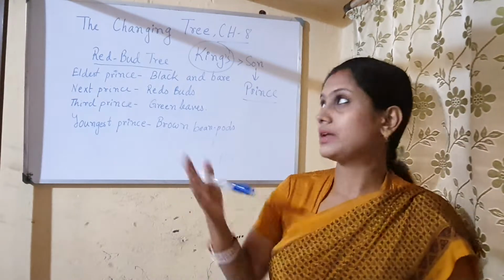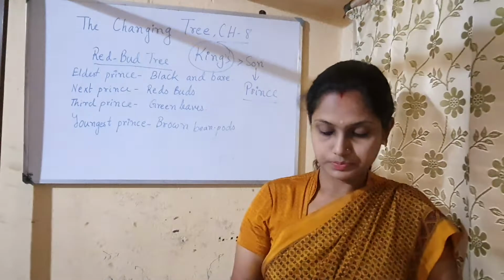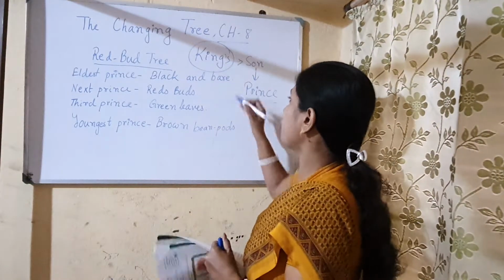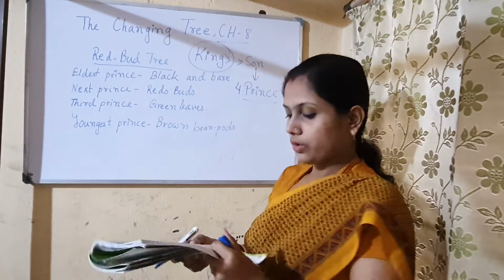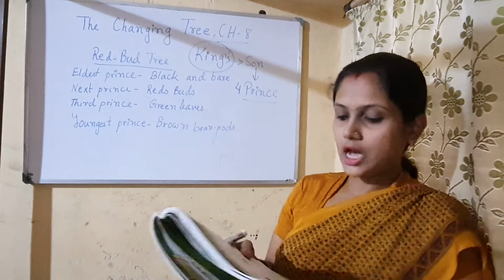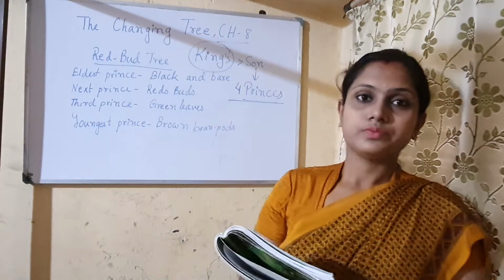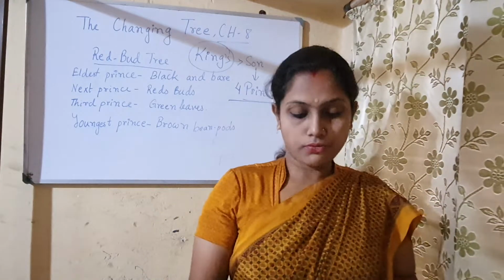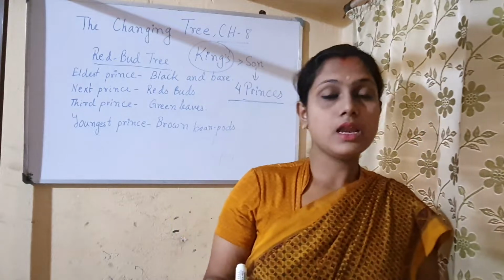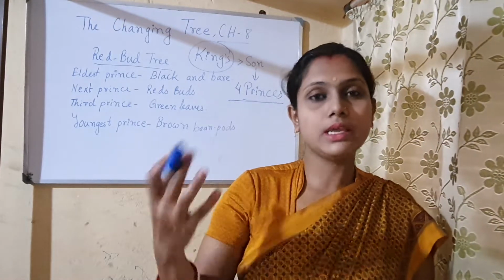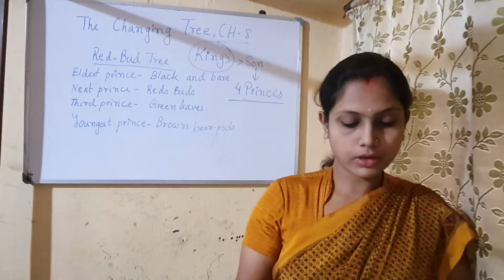Each of these princes, so I have told you there were 4. Okay, there were 4 young princes, and every one of them desired to see that redbird tree.